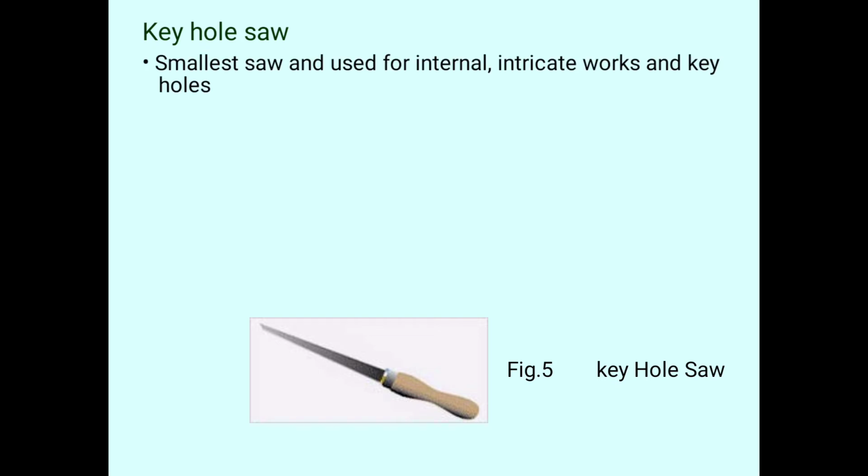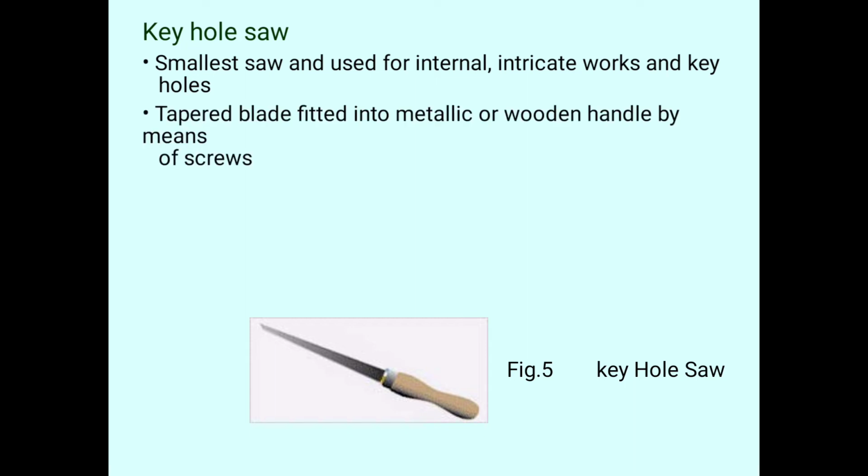This is the smallest saw and is used for internal intricate works and keyholes. So what is the purpose of this keyhole saw? It is used for internal works, and also for intricate works and for keyholes.